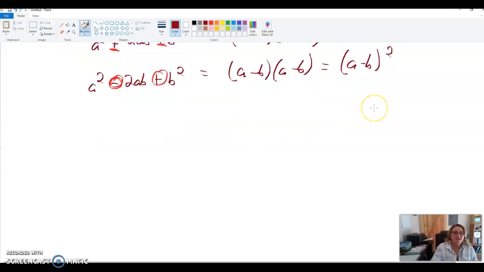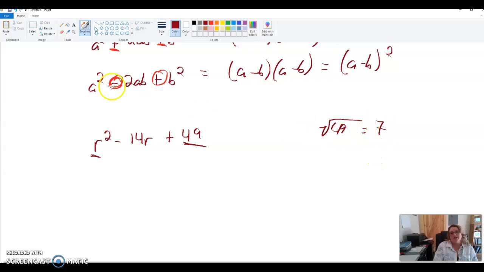So let's take a look at an example. If I give you the expression r squared minus 14r plus 49. The first thing you want to notice is that we have an r squared, so we have a trinomial with a square. And then we want to ask ourselves, can this 49 be a perfect square? And we know if we take the square root of 49, it is equal to 7.